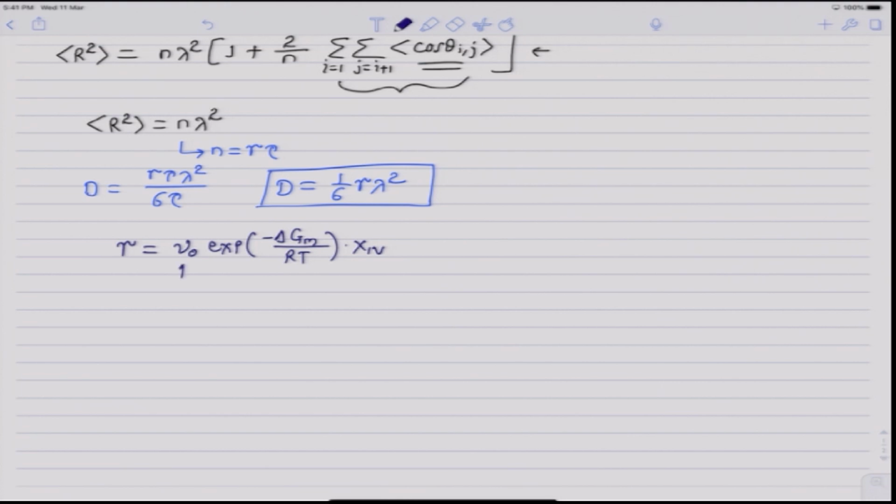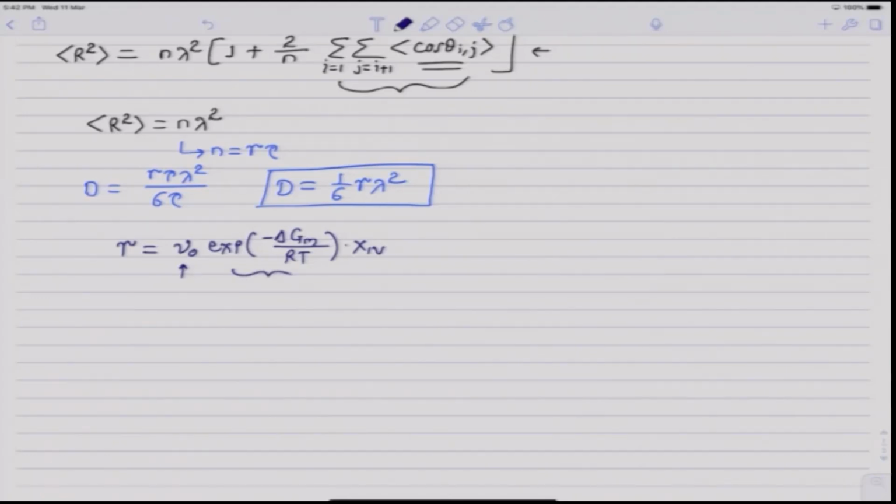Nu 0 here is the Debye frequency, that is the number of times an average atom vibrates per unit time. The second term, the exponential term, basically represents the probability that a particular vibration will have an energy equal to or greater than the activation energy for migration, that is delta G m, and X 1v represents the probability that a particular site is vacant.